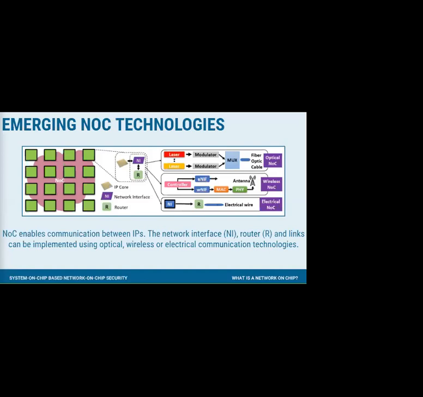Then there's a problem when we are going to wireless network on chips and optical network on chips. The message passing will be completely different, and we have to think about the security aspect. I'll be talking about the security in the next lecture.